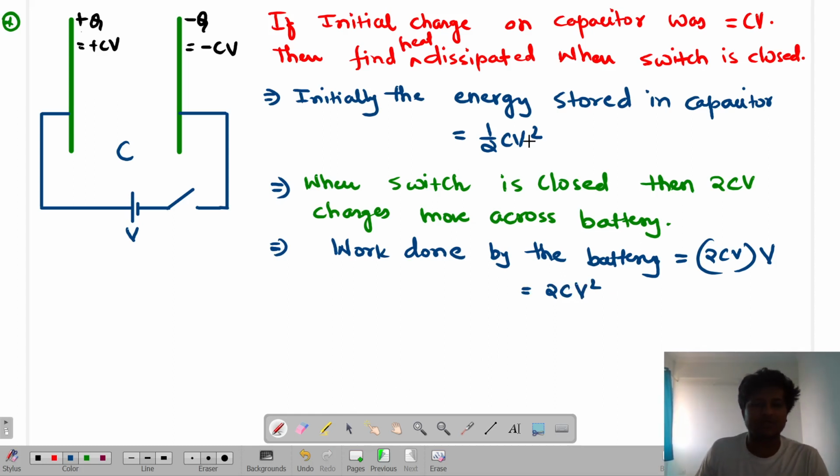So initially the energy stored is half CV squared. Finally the work done by the battery is twice CV squared. Then what will happen?